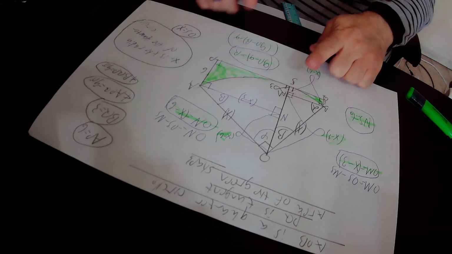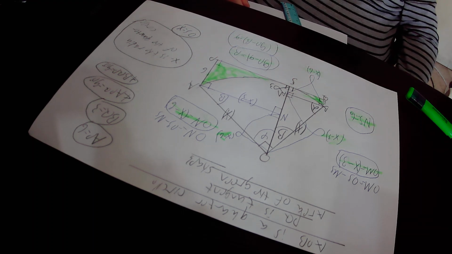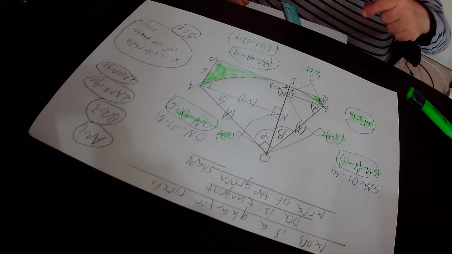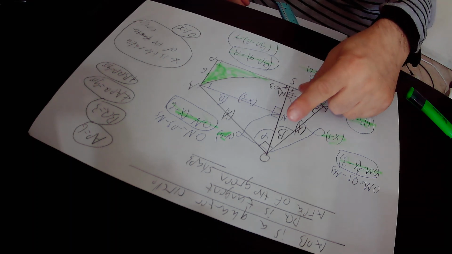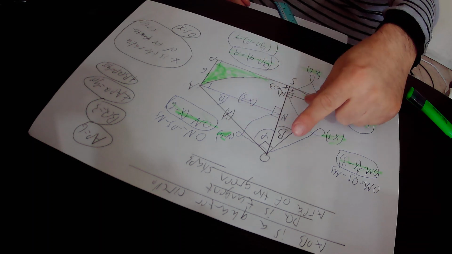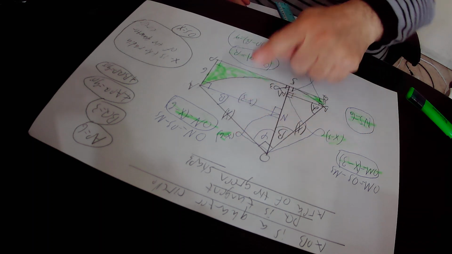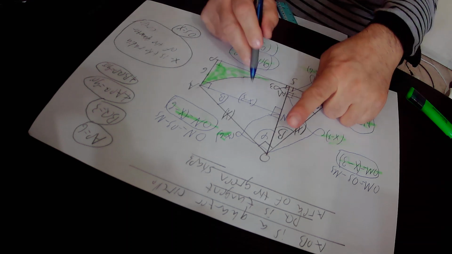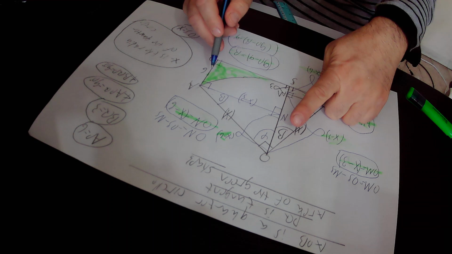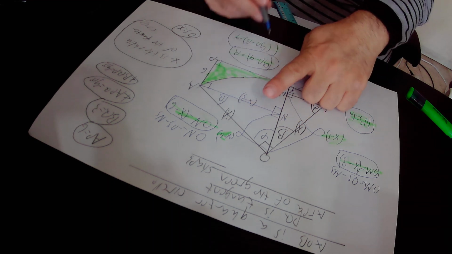Again, side NA equals x minus 3. We already found out that side ON equals x minus 6. And the hypotenuse OA is the radius of the quarter circle that's equal to x.